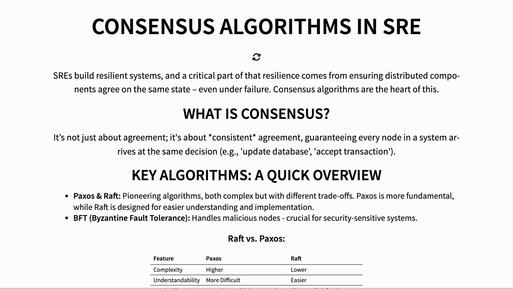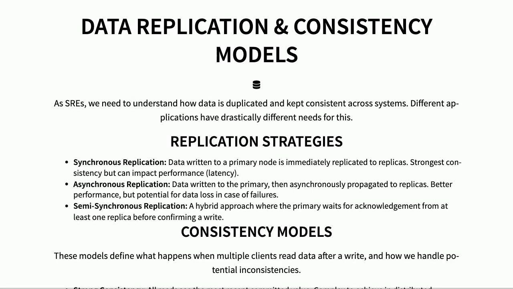Raft was designed to be much easier to grasp and implement while still providing strong guarantees. We also have BFT algorithms, which are especially good at dealing with situations where some of the computers might even be intentionally trying to trick the system. Think of it like this: you want a reliable system, and consensus algorithms give you that reliability by ensuring everyone's in agreement.